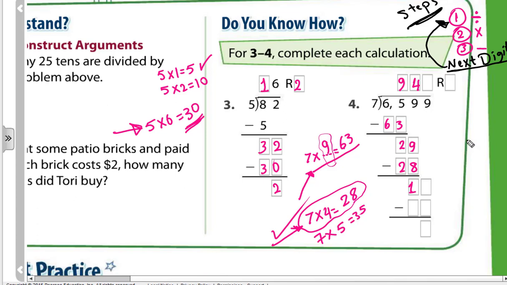What should we do next? Drop the next digit. What is the next digit? No, the next digit in the dividend.